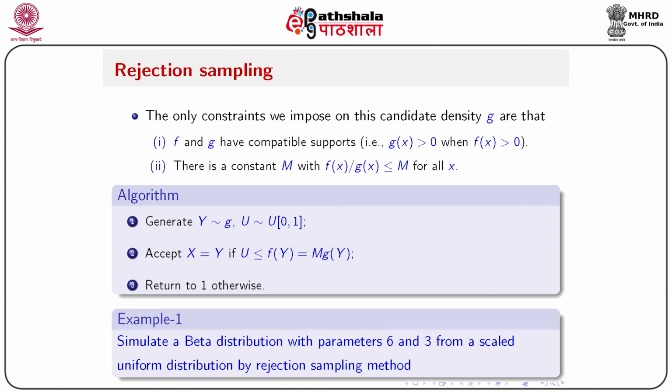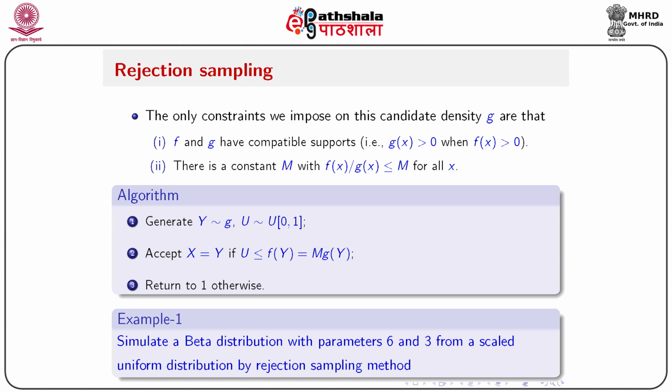The only constraints we impose on this candidate density g are that f and g have compatible supports, that is g(x) greater than 0 when f(x) greater than 0, and that there is a constant M with f(x)/g(x) less than or equal to M for all x.